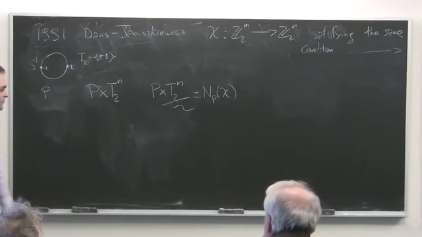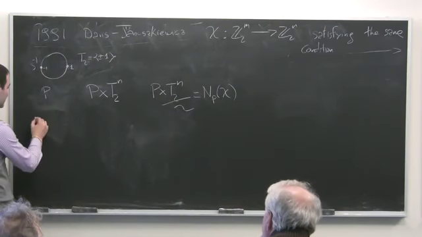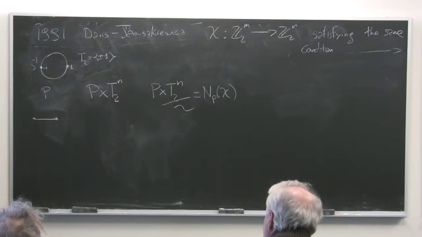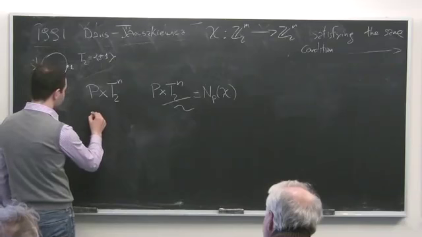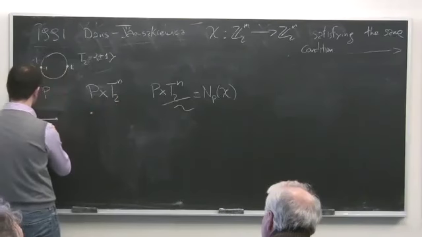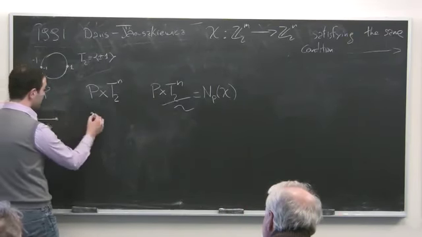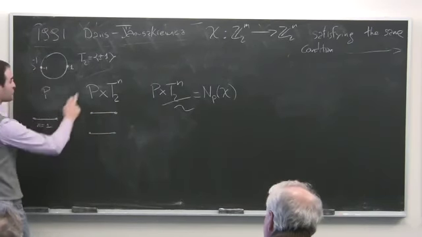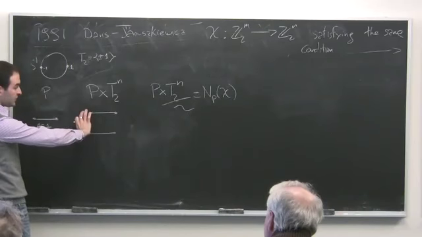Let me do the analogous example. If you start with an interval, this is one-dimensional, n is 1. You basically just take the interval crossed with ±1, so you take two copies of the interval.